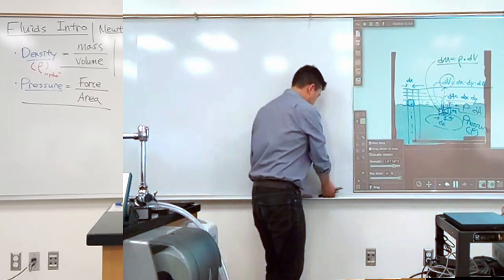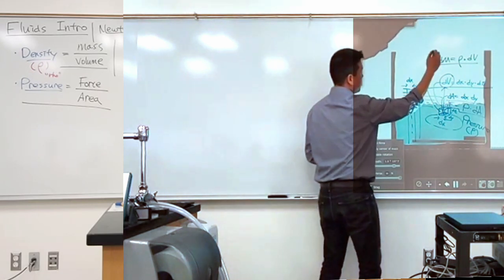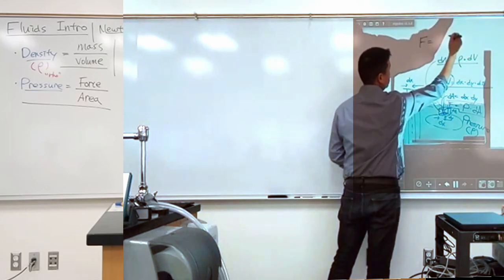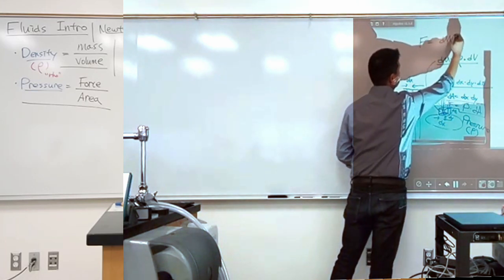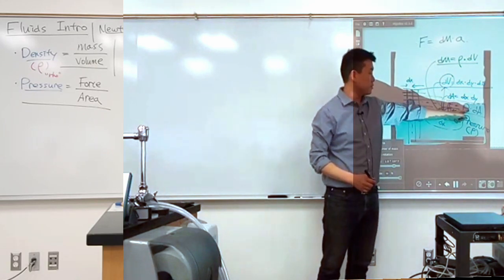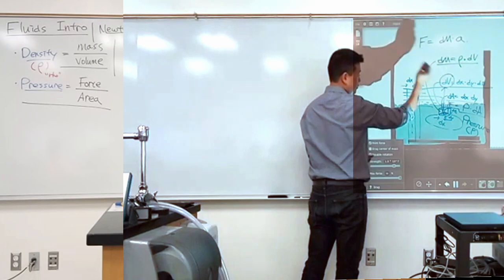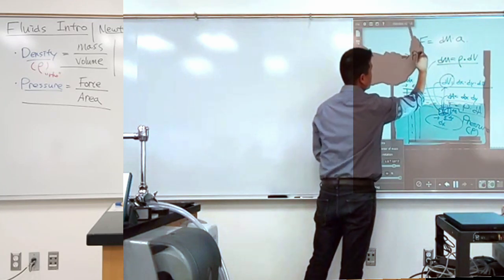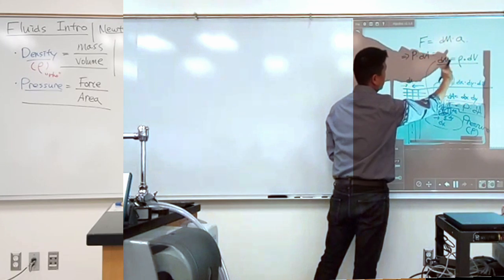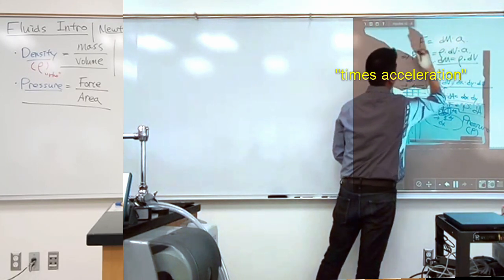Trying to use Newton's law, you could say the net force on that element is the amount of mass times acceleration, and these can be rewritten in terms of the pressure and area. So the left-hand side would look like the force would be pressure times the area element, and the right-hand side would be this density times the volume element times area.